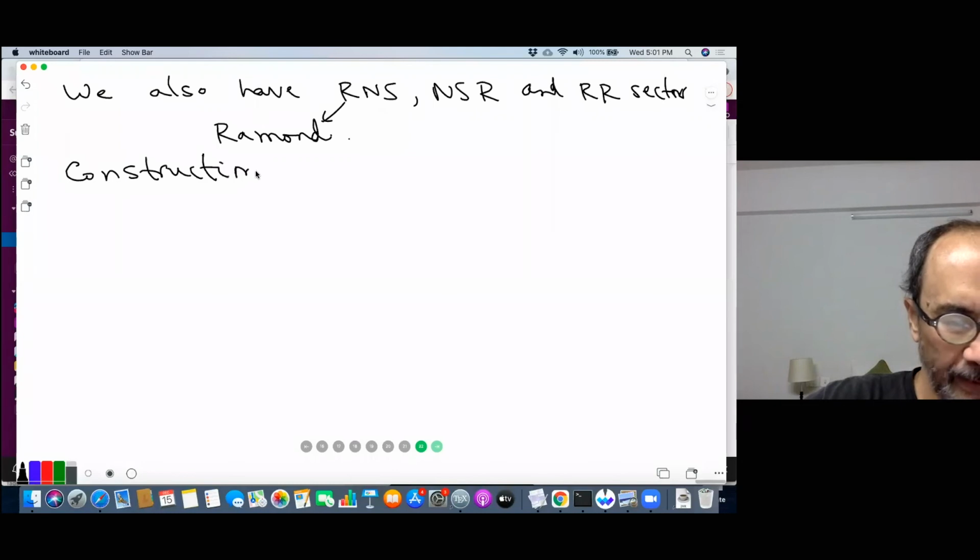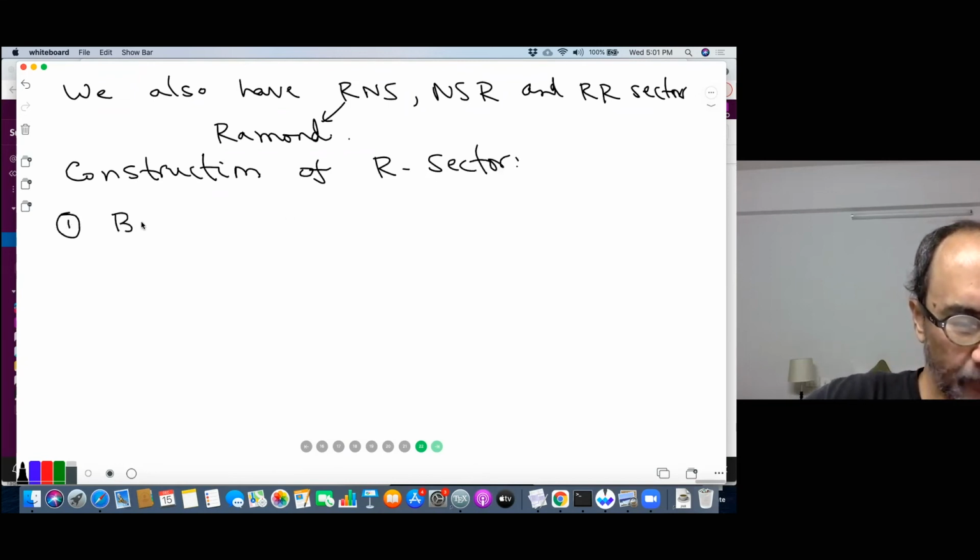Construction of the R sector. I'll describe the holomorphic sector. A similar construction will exist for the anti-holomorphic case. So the first step is to bosonize the psi mu's. We bosonize, but first combining 2 psi's into 1, complexify.